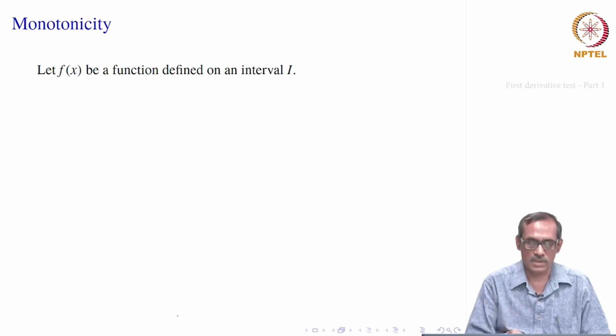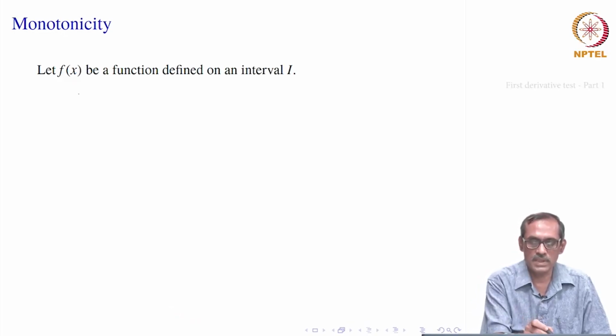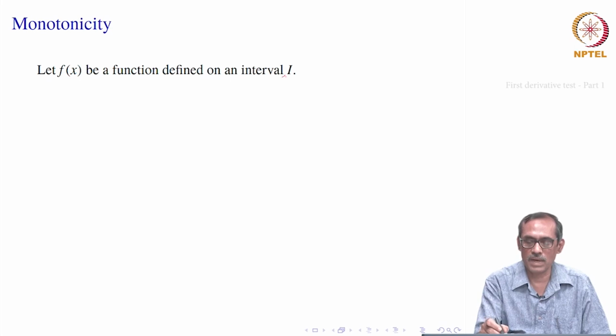That is called monotonicity. Suppose f is a function defined on an interval I; its domain is I and codomain is R, of course.